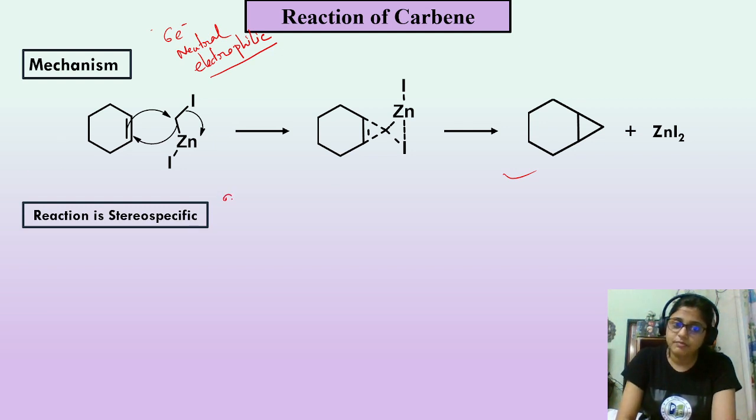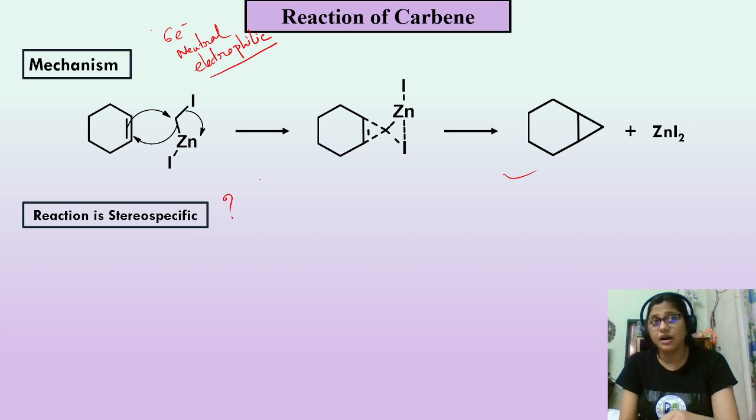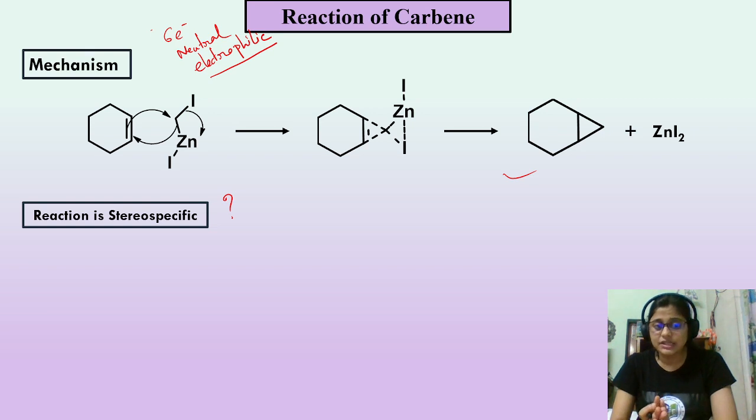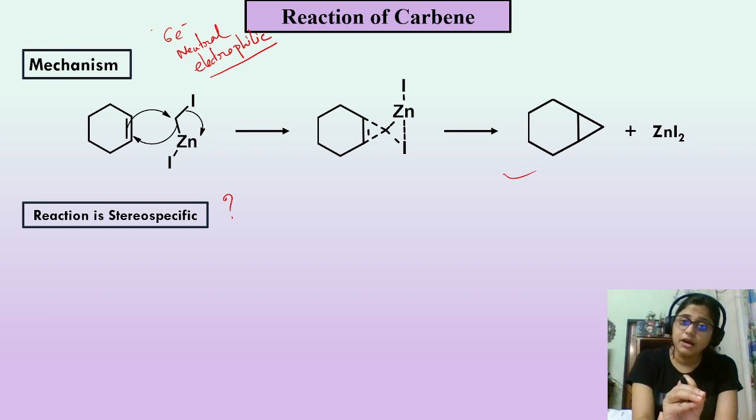Why? Before that, what is stereospecific? When the stereochemistry of the reactant is maintained in the product, that is called stereospecific, or the reaction condition which is given is specific for the formation of a product of specific stereochemistry.